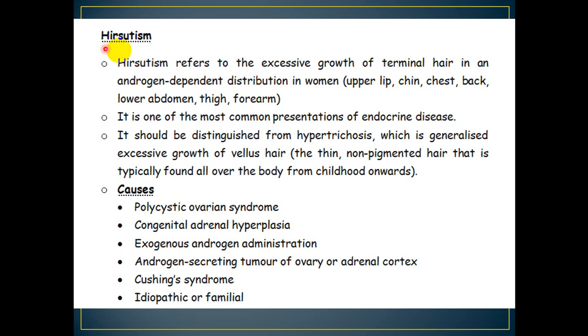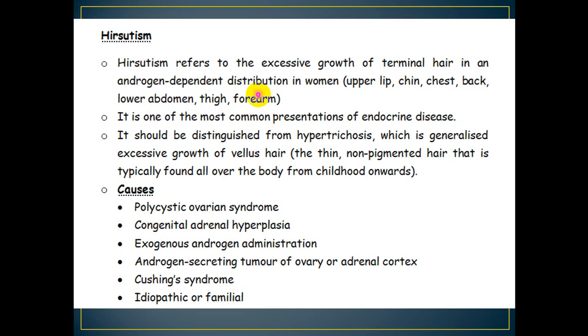So the first thing, in hirsutism, we need to confirm this is terminal hair, not vellus hair: black, thick hair in androgen-dependent sites, which are upper lip, mustache, chin, beard, chest, upper back, lower abdomen, thighs and leg, forearm.